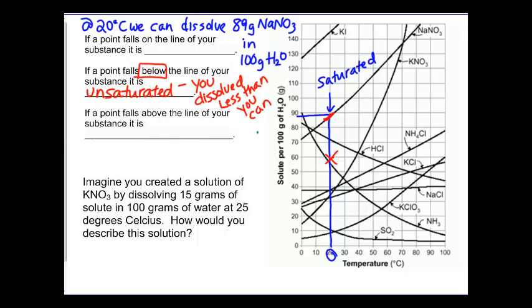Because the line is how much you can, right? The line is saturated. And you haven't even reached the line yet. In fact, if you've dissolved 60 and you want to make a saturated solution, this is how much more you'd have to put in, right? You'd have to put in 29 more to be saturated.